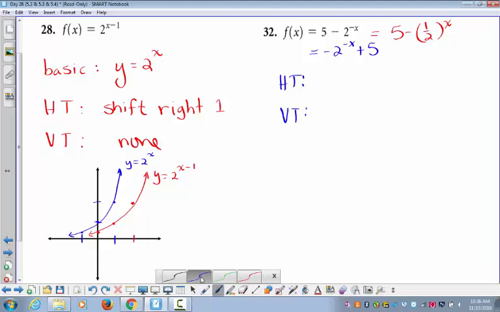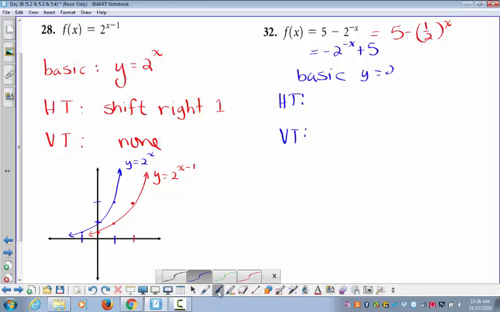So I'm going to throw in the horizontal reflection here when I do it, just to mix it up a little bit. So I should identify the basic function that I'm going to use. So if we go this way, the basic function is going to be 2 to the x. If we went the other way, it would be 1/2 to the x.